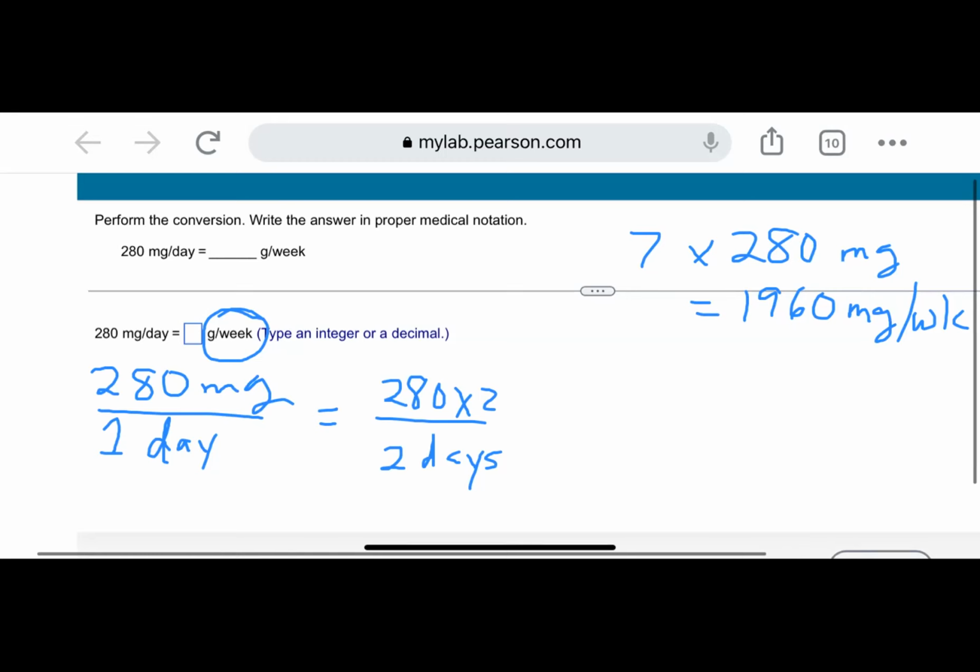So we're going to have 1960 mg equals 1.96 g per week.